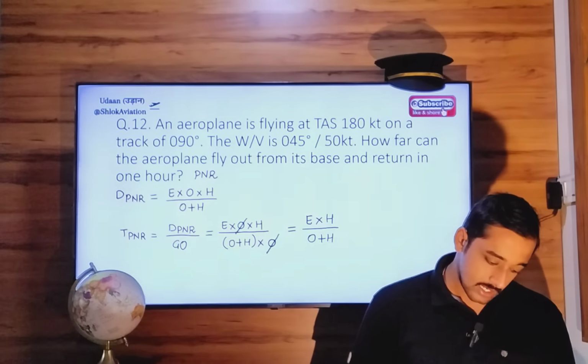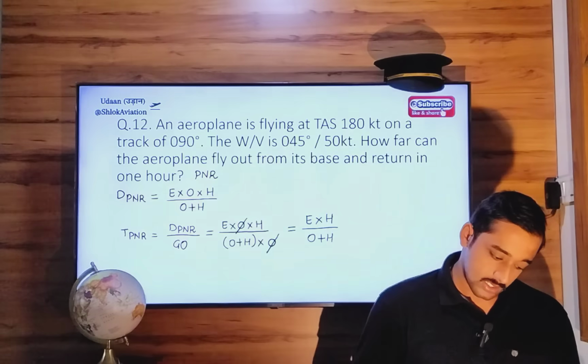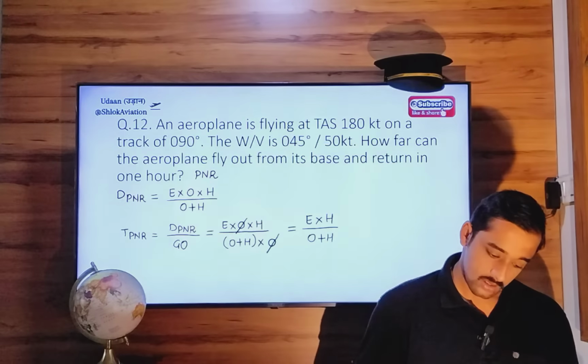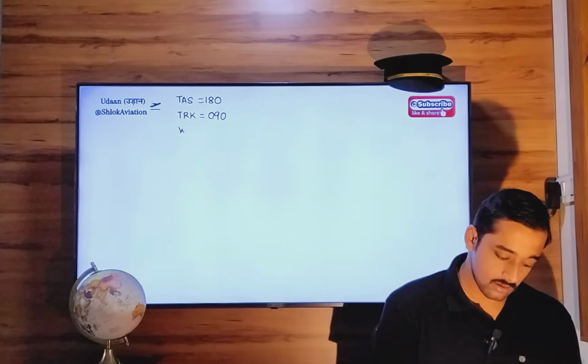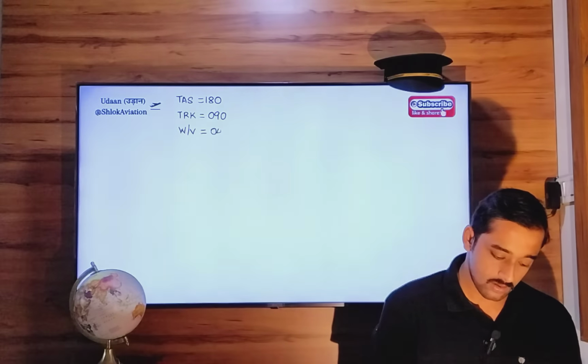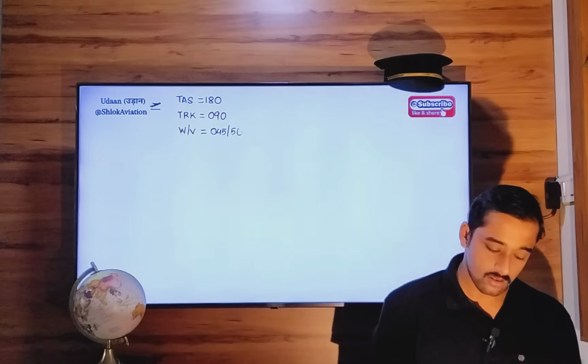So see here, your true airspeed is 180, track is 090, winds is 045 at 50. Okay.